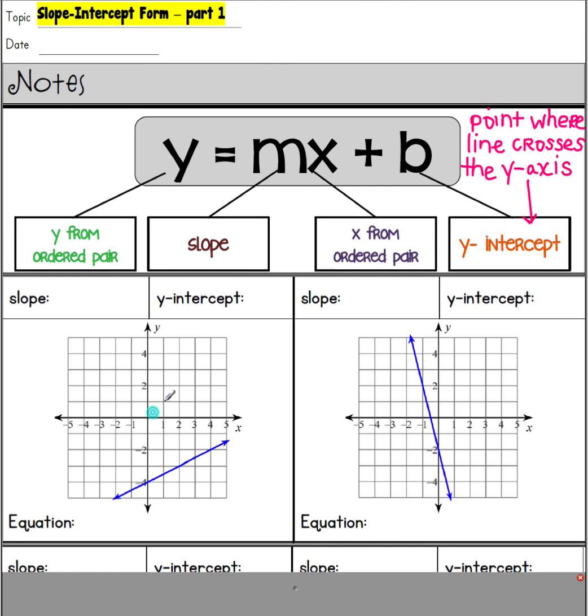So that's the first thing we should identify when we're given a line: what is our y-intercept? Where does it cross the y-axis?